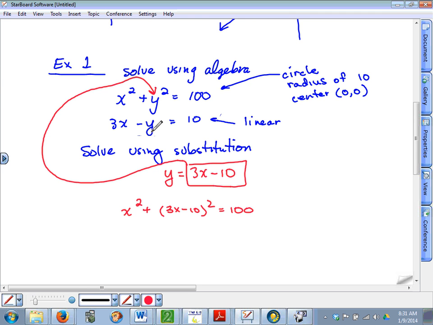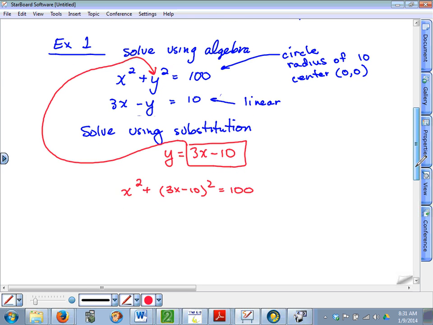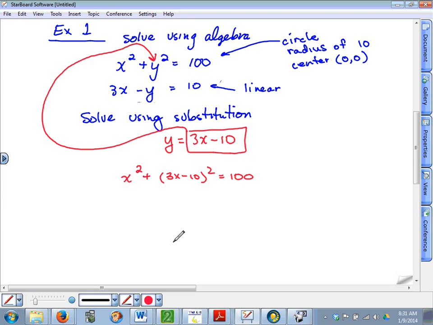Okay. Now this one's not too bad to solve. It's going to end up with a quadratic equation that we solve by factoring. Hopefully solve by factoring. Otherwise we're going to have to use the quadratic formula, which is a bummer.